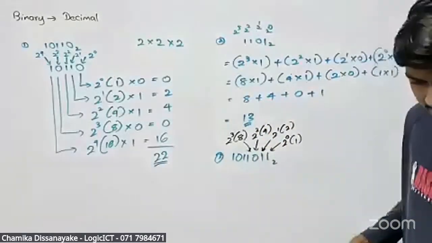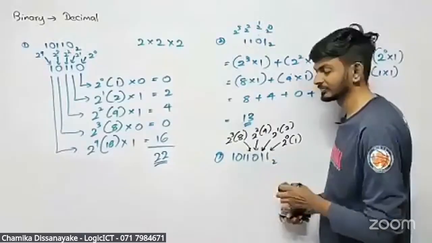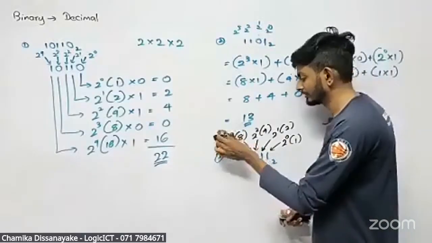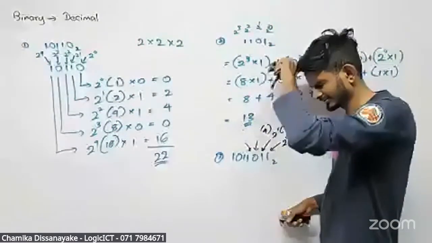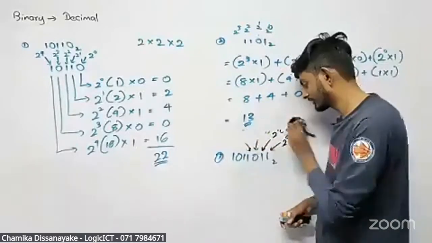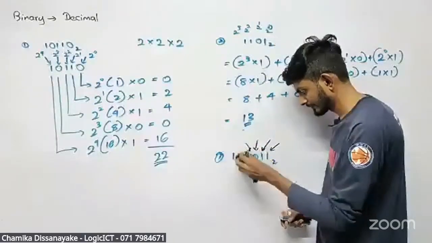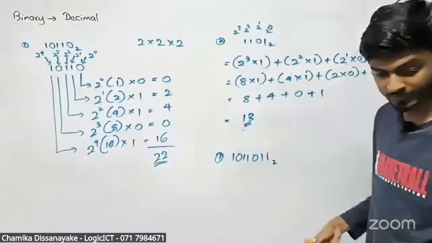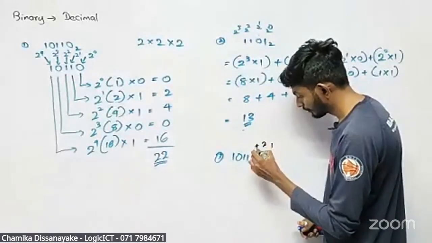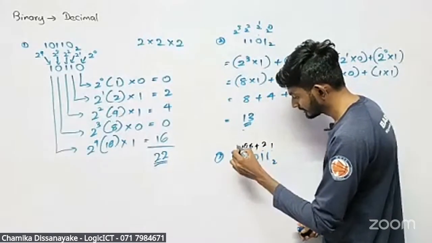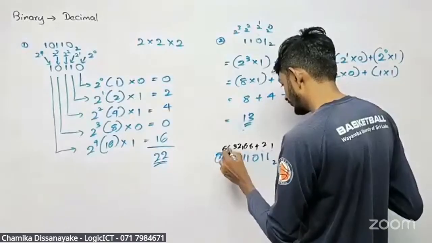The thing is, guys, we are going to put the values for each number. This is a very big shortcut. I will just write the numbers first. Here the first one will be 1, here will be 2, 4, 8, 16, 32, 64.